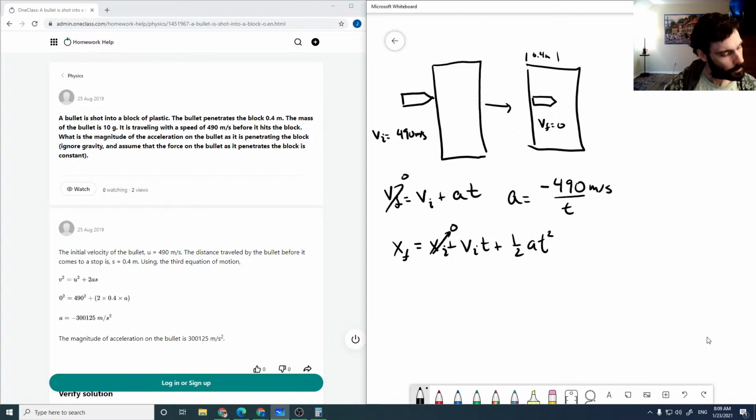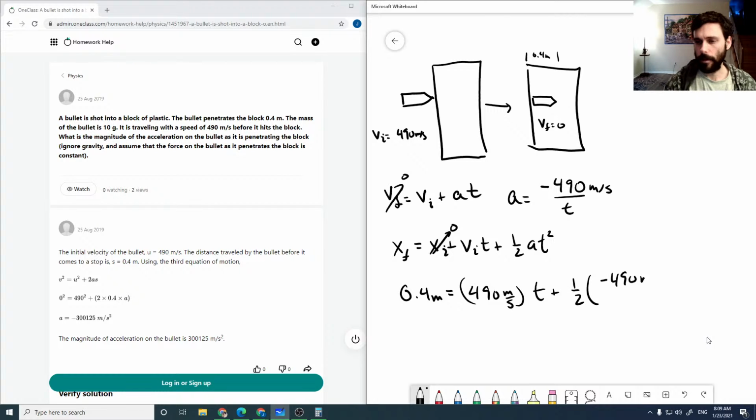Okay, yeah. So we have 0.4 meters is equal to our initial velocity, 490 meters per second, times our time, plus 1/2 minus 490 meters per second over our time times our time squared. So that's going to cancel one of those.